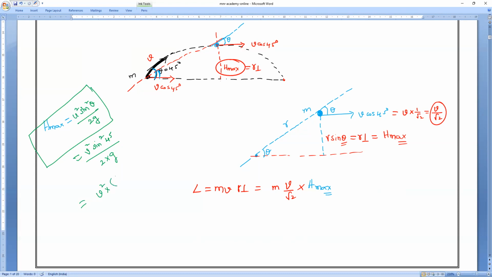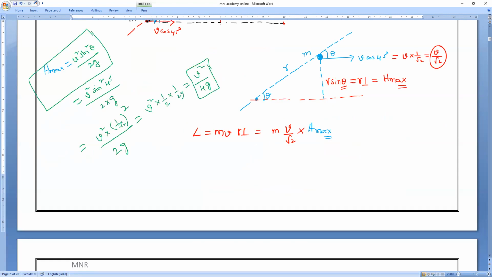Sine 45 is 1 by root 2, so this is v square into 1 by 2, into 1 by 2g, which is v square by 4g. So you people don't know the H max formula itself.